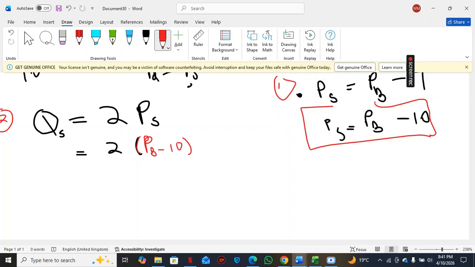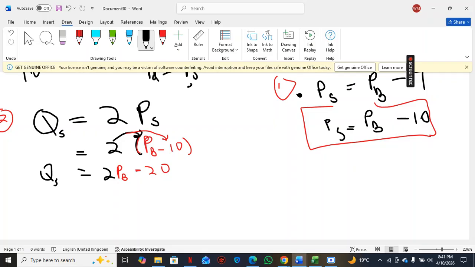So we can adjust this. We expand. We're going to say 2 times PB, that is 2PB. 2 times negative 10, that is negative 20. So this is our new supply function.